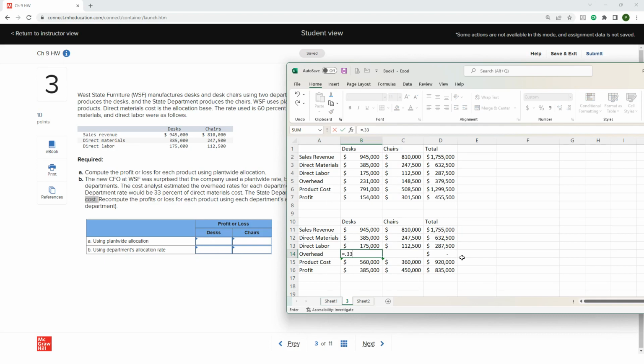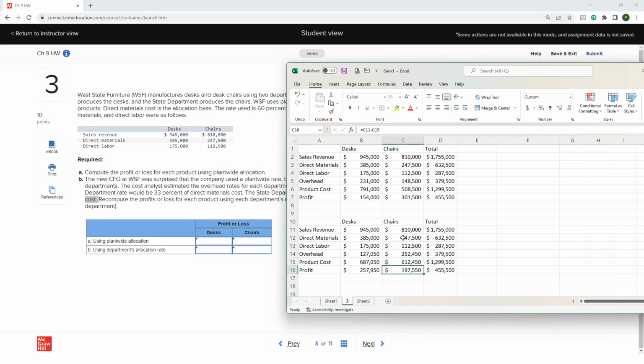So we're going to do 0.33 times the direct materials. For the other department, it's 102% times direct materials. And so Excel recalculates the profit for us. And so for Part B, the profit for desks is $257,950, and for chairs, it's $197,550.